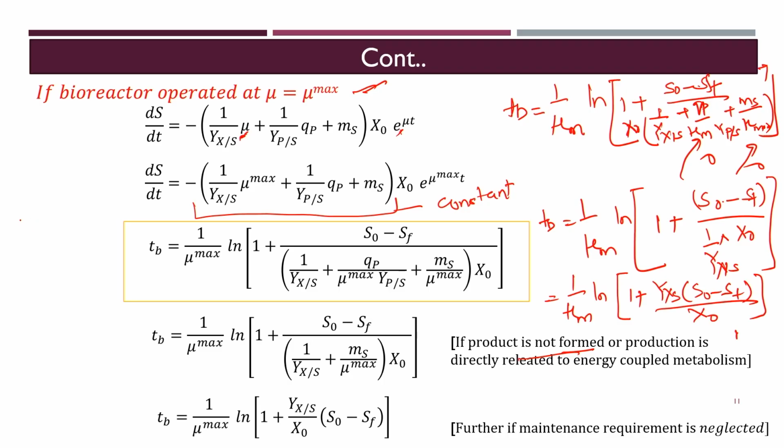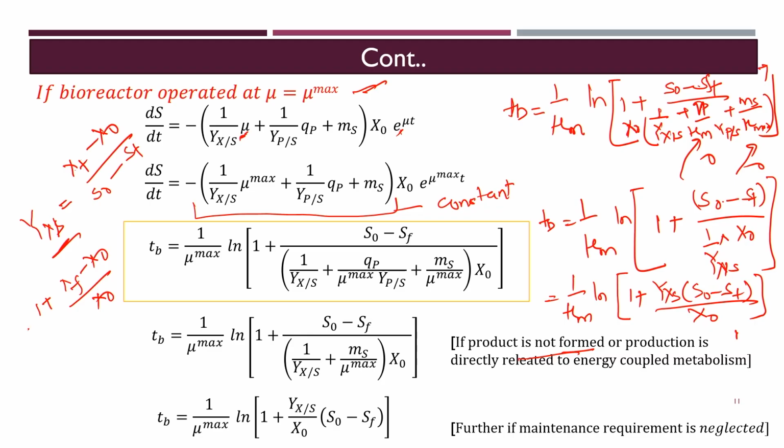And if you remember, Yx/s is xf minus x naught divided by S naught minus SF. So if you replace Yx/s here, the S naught minus SF term will be cancelled out. Here we will end up with 1 plus xf minus x naught divided by x naught, and this x naught will be cancelled out.